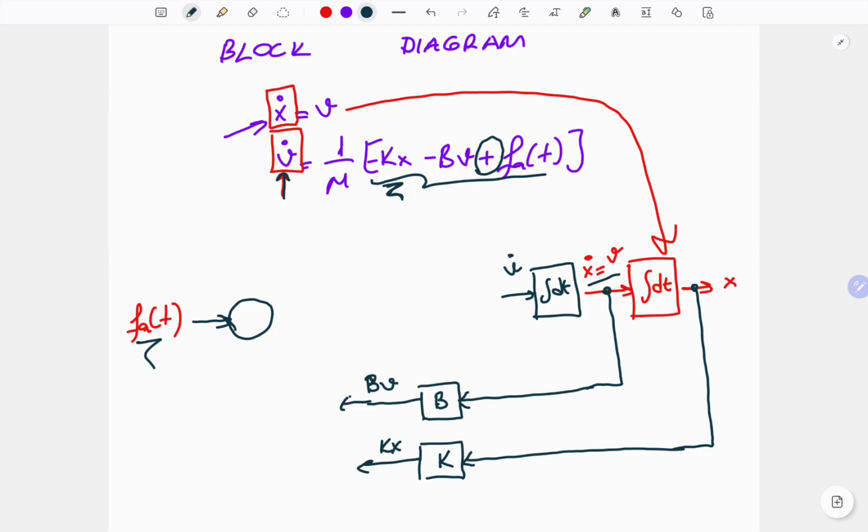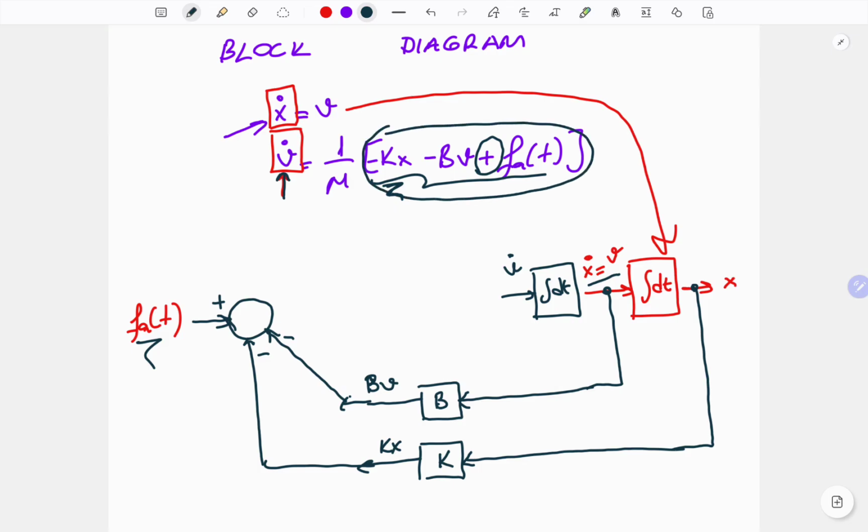The sign of fa is positive. Then bv will come with the negative sign. And finally, for the summing junction, we have k times x, again with the negative sign. Okay, we obtain this parenthesis.